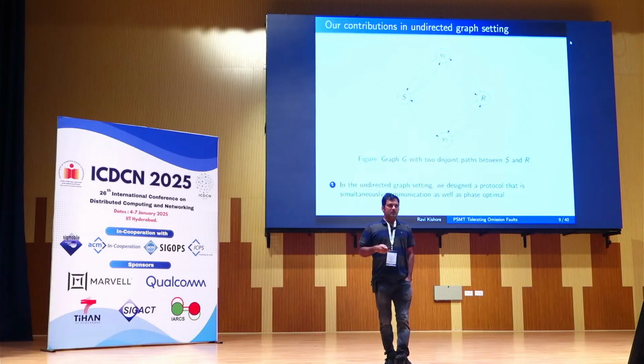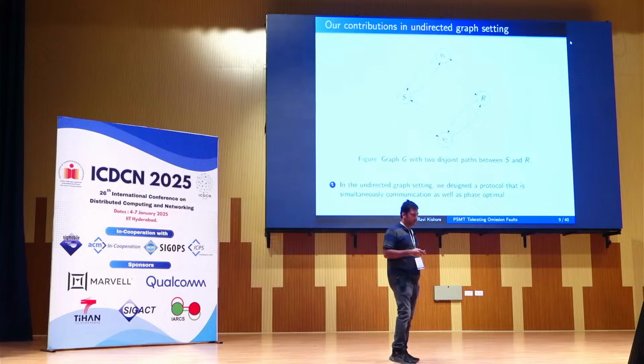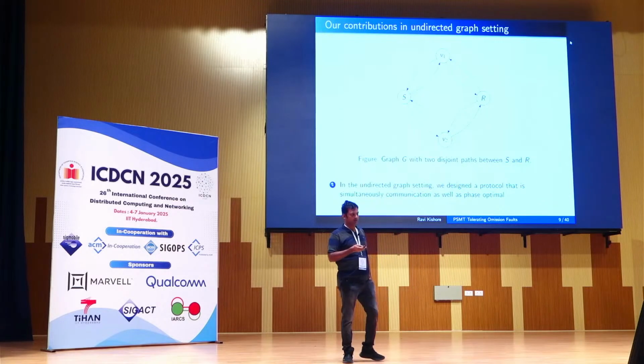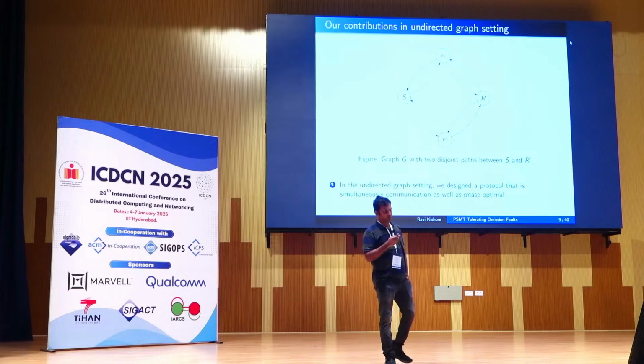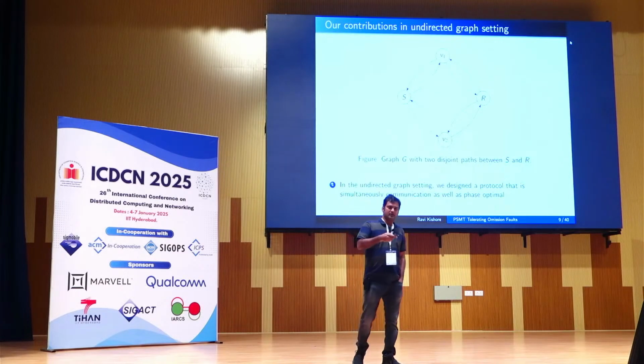Okay, our contributions are multifold. Let's start with undirected graphs. Look at this graph. There are two disjoint paths between S and R. One is passing through V1, the other one is passing through V2. Here the network is abstracted as an undirected graph.